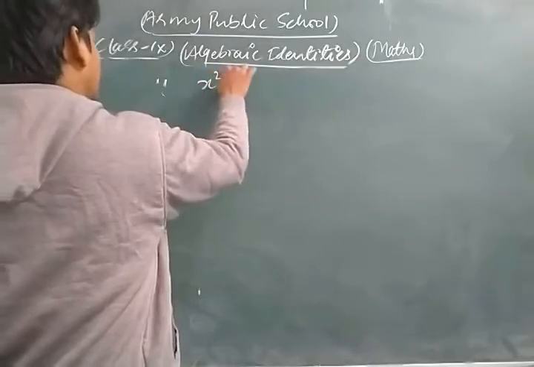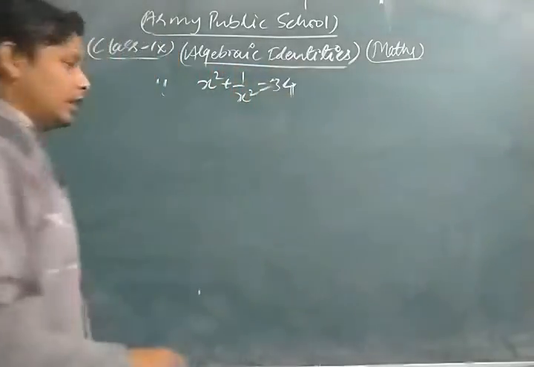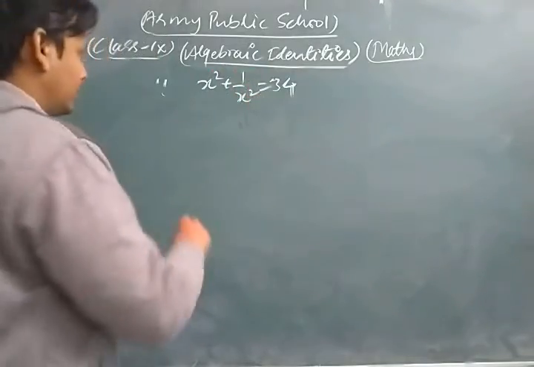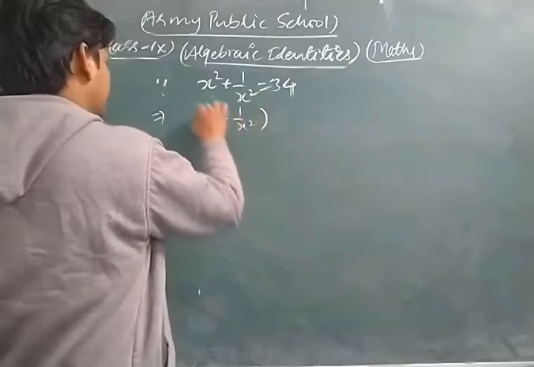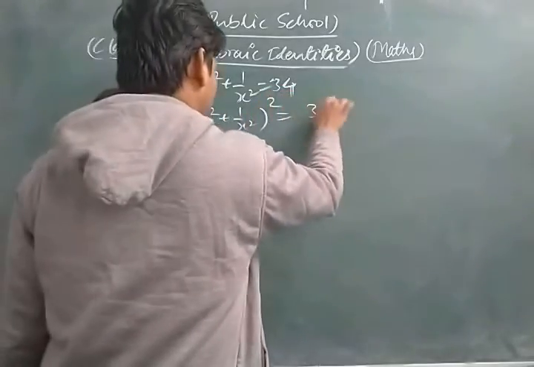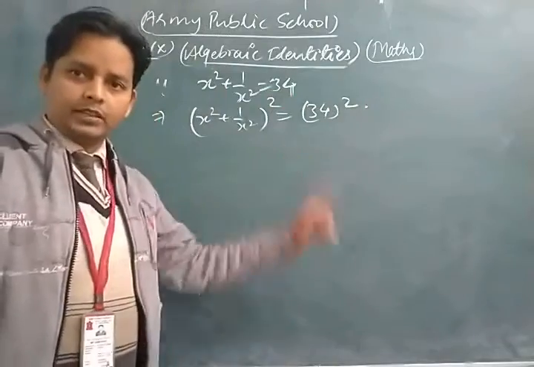Since we have x square plus 1 upon x square is equal to 34, again squaring both sides means what?